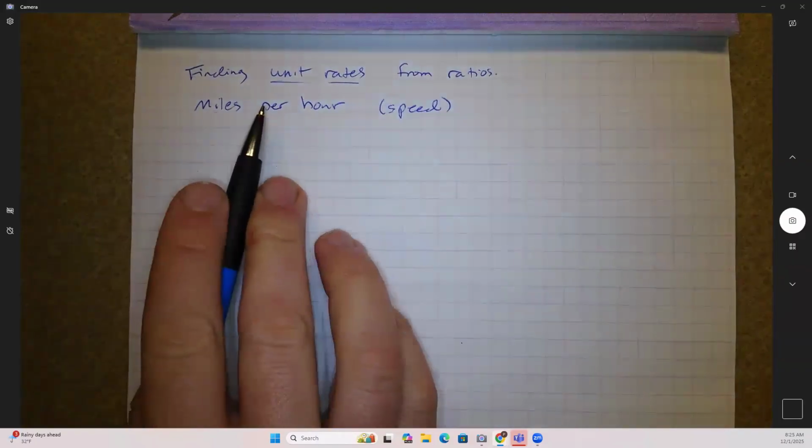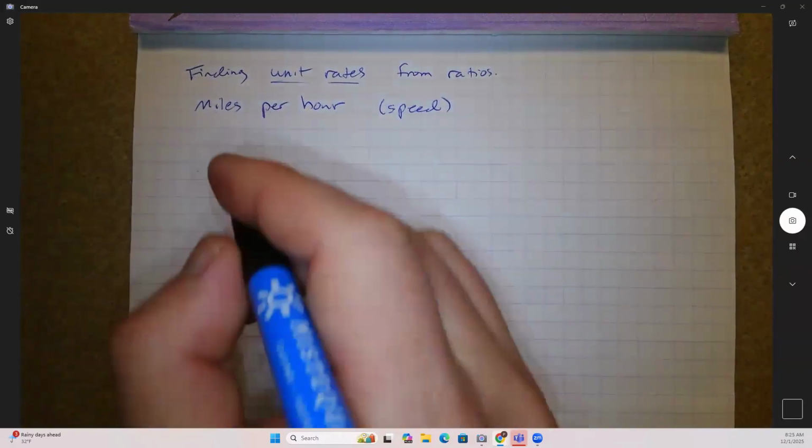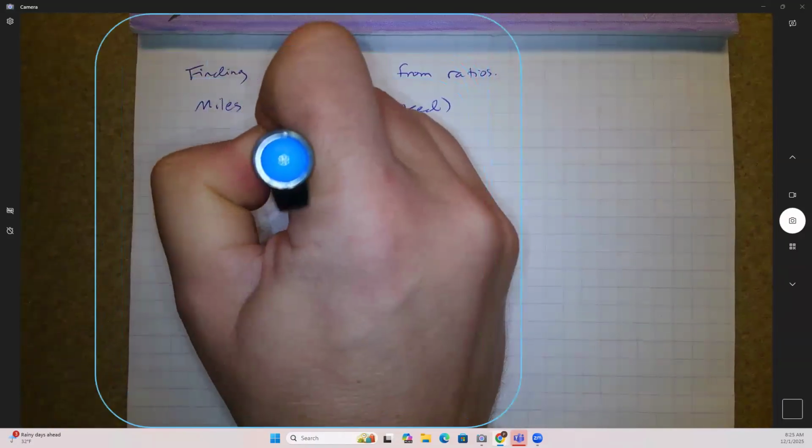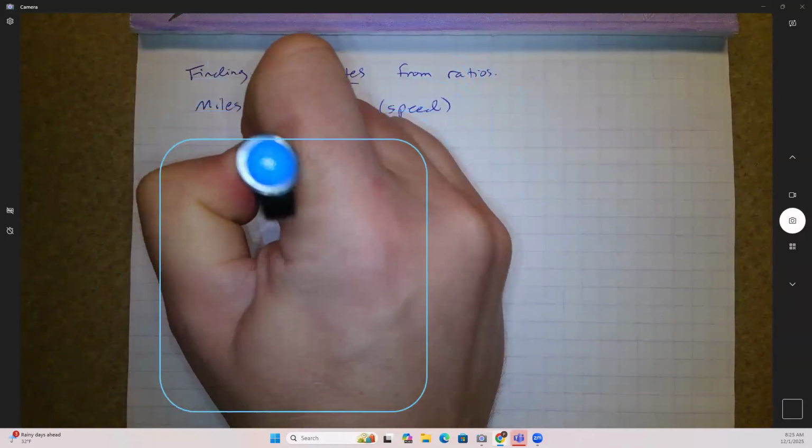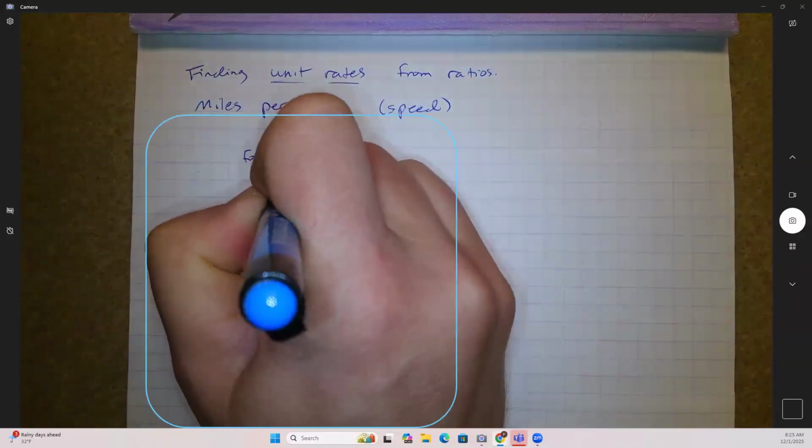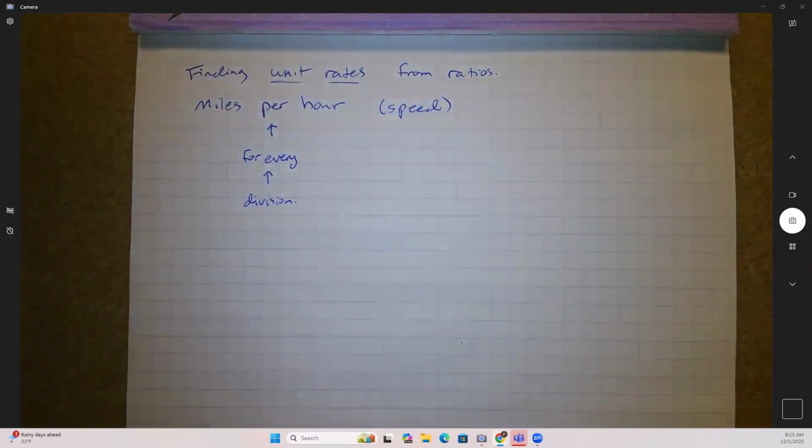That's how many miles you travel for every hour. Per here means for every, and it also indicates you're doing a division, just like percent, divide by 100, per hour.